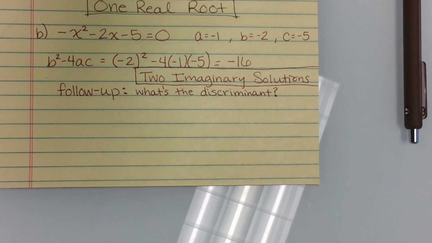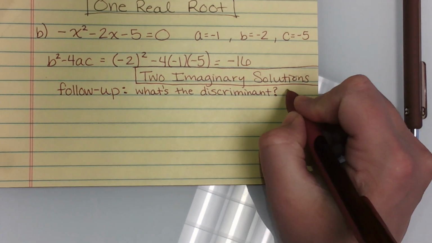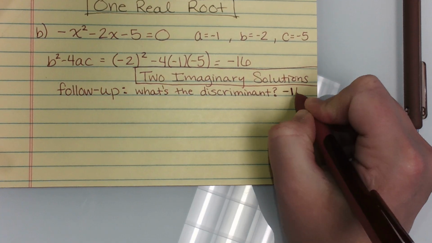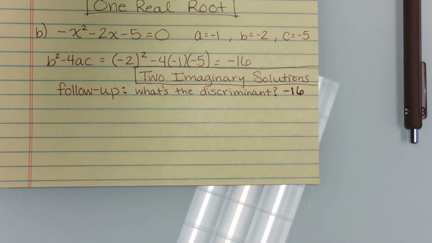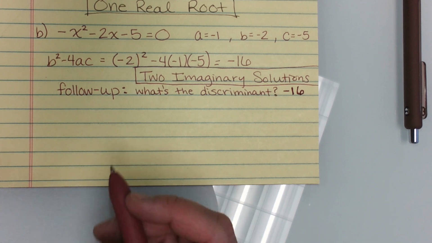They might ask you what the discriminant is. What is the discriminant? Hint, it's a number. It's the negative 16. It's what we got to determine that. Make sure you are not taking the square root of it to figure it out. It's a common mistake. People then square root it. Okay, follow up number 2.